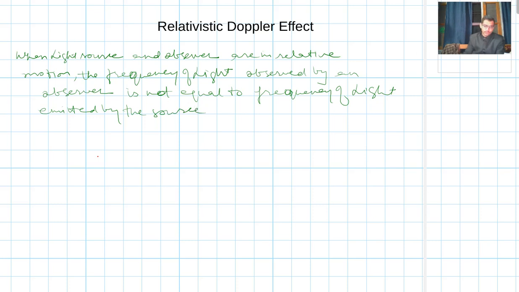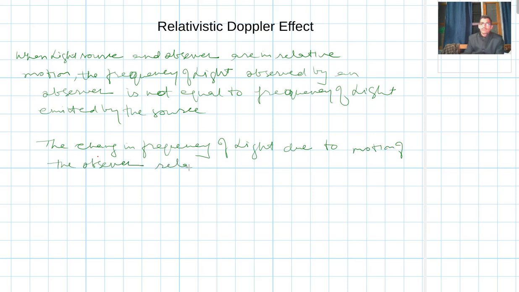So this change in frequency of light due to motion of the observer relative to the source of light is known as the Doppler effect.